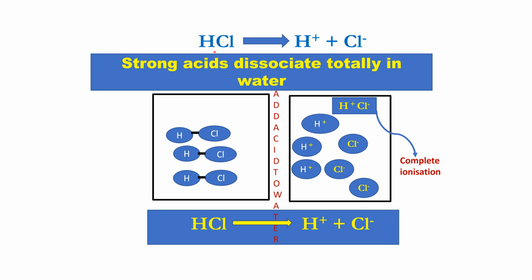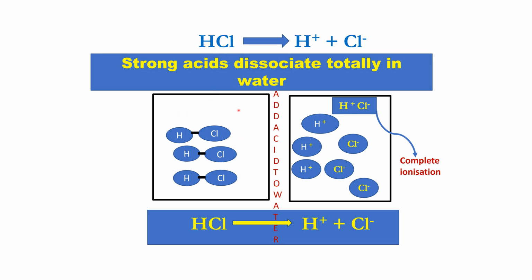So when HCl dissociates, it will separate into its separate ions, which are H plus and Cl minus. Because HCl is a strong acid, it will dissociate completely into its constituent ions.